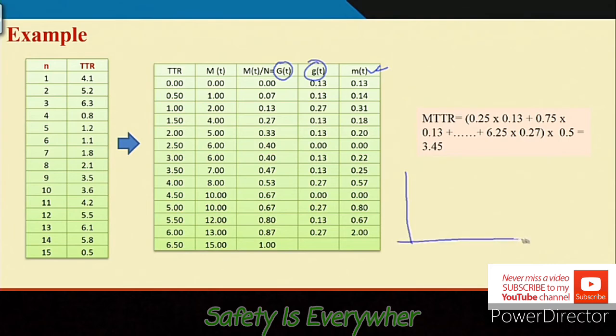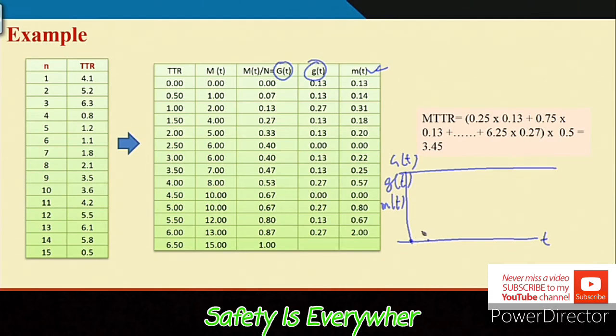If you plot, what happened? This side t and this side G(t), small g(t), small m(t), you will get different plots. Now, this value G(t) is 0, 0.07, 0.13 like this, up to 1. When t equals 0 it is 0, when t equals 0.5 it is basically 0.07, then at 0.8, 0.13, or some curve like this you will be getting, that is G(t).